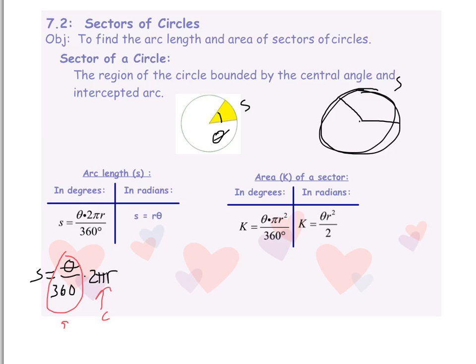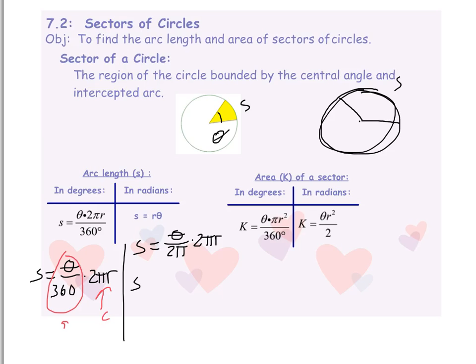Now, the only thing that's going to change in radians is theta is going to be over 2 pi. I'm still going to multiply it by the circumference.